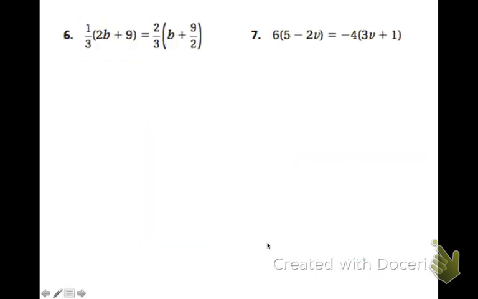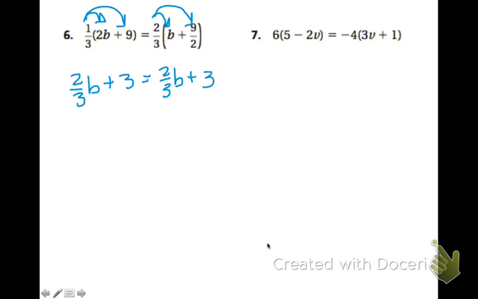Let's try a couple more. In 6, we're distributing a third. So 1/3 times 2b is going to be 2/3 b, and 1/3 of 9 is 3, so it could be 9/3 or divide by 3. That's equal to, distribute over here to both, 2/3 b. Now you take 2 times 9 is 18, 3 times 2 is 6, 18 divided by 6 is 3, or you can cross cancel.